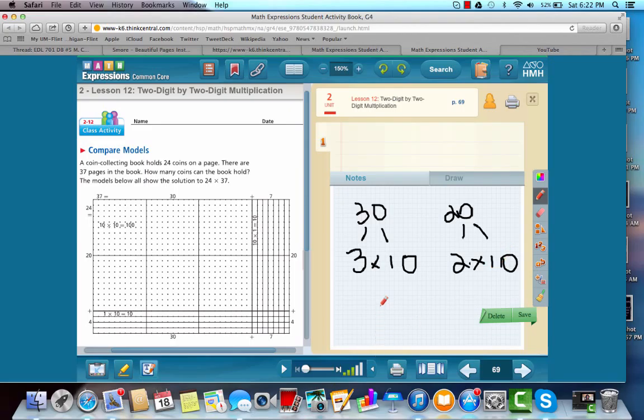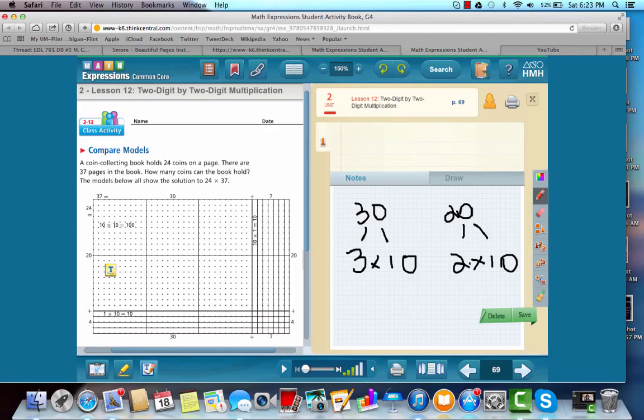So in essence, when they're breaking down 24 times 37, they're saying 30 plus 7. And if you break that down even farther, that means that there's 3 tens. And if you break down 20, that becomes 2 tens, or 2 times 10.